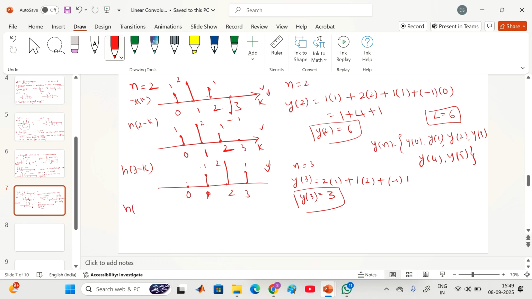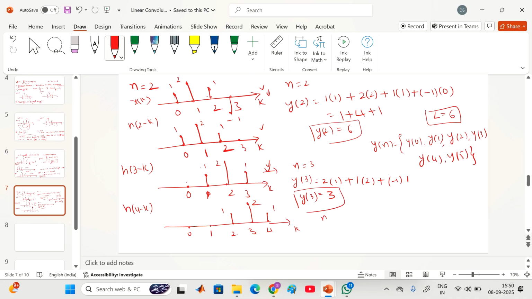Again if I shift the sequence, then h of 4 minus k. Again this value will be shifted by one more value. Then I have 0 at k is equal to 0, 0 at 1 is equal to 0. Now this sequence will have 2, 3, 4. Only 2, 3, 4 values with the shifted version: 1, 2 and 1.